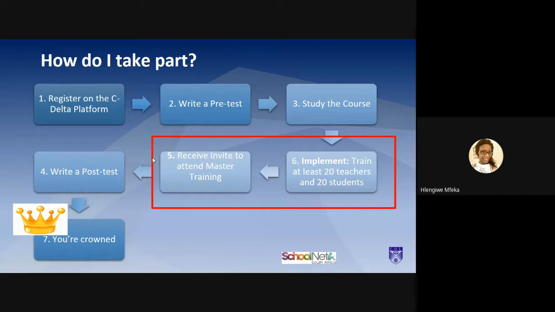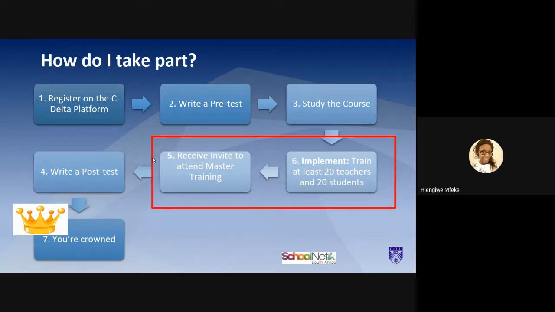So should Commonwealth of Learning approach SchoolNet and say, we want you to continue capacitating South African teachers in this program for this time frame, then by doing it now, you are aligning yourself for an opportunity of number 5 and number 6, where we would look at our database and see who completed a post test, because those are the individuals we will invite to attend master training.